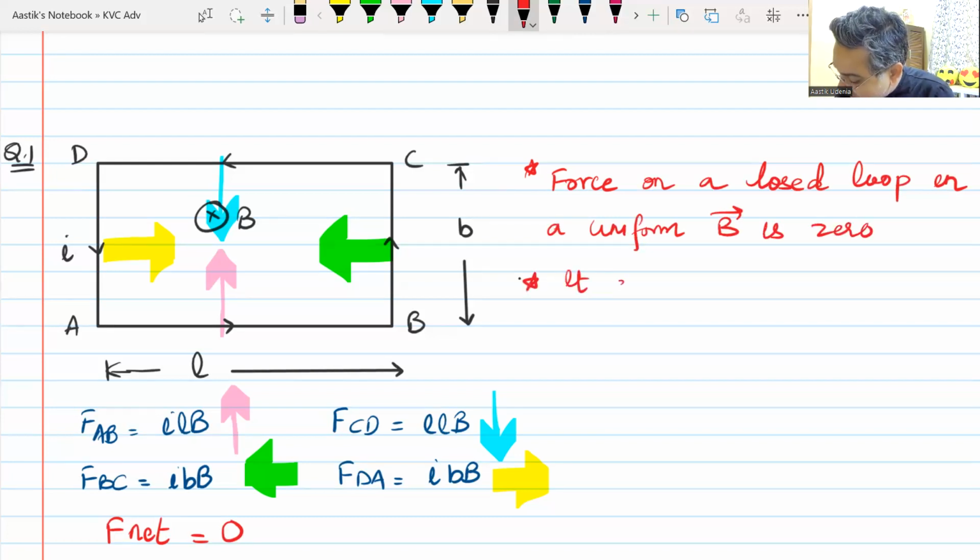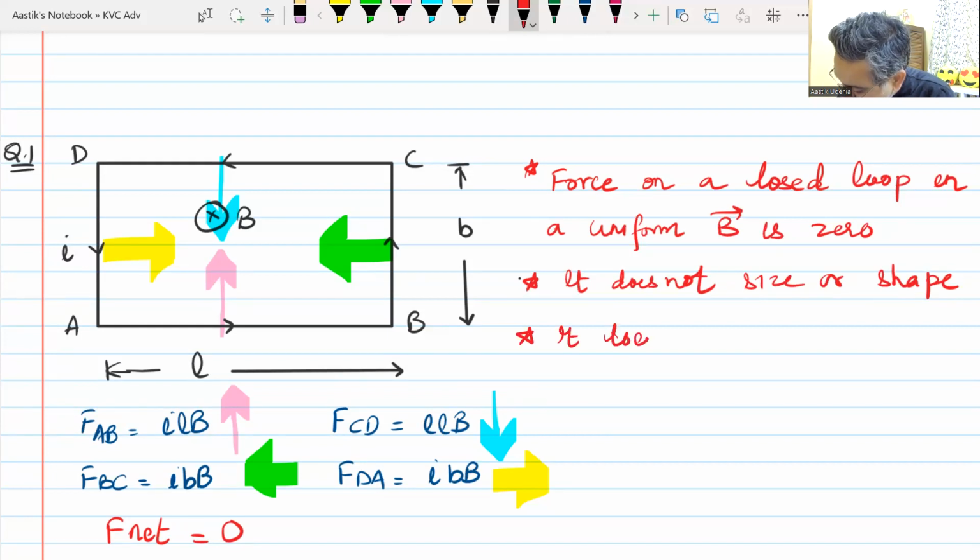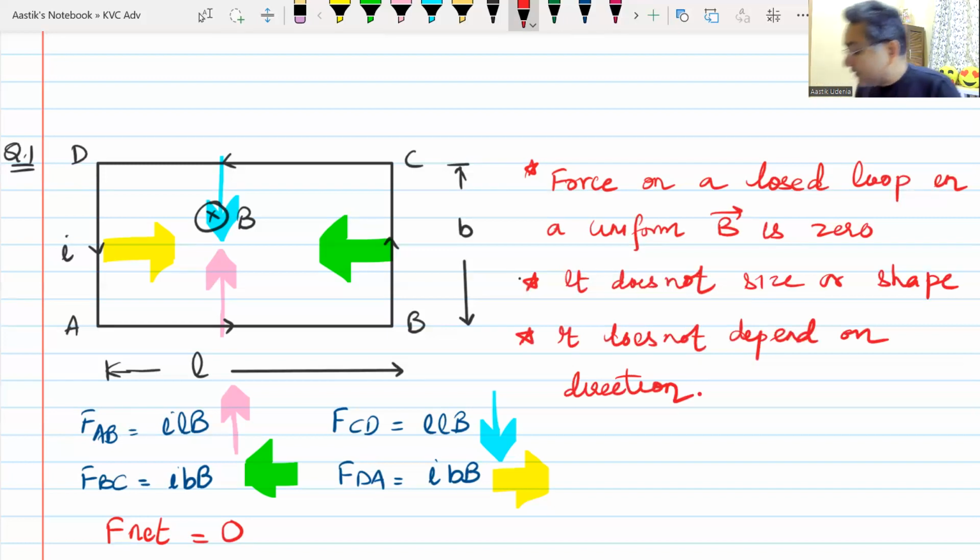Remember, it does not depend on size or shape. It also does not depend on direction. It only depends on two things. The first thing is that the loop should be closed.